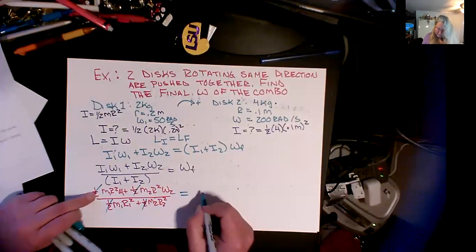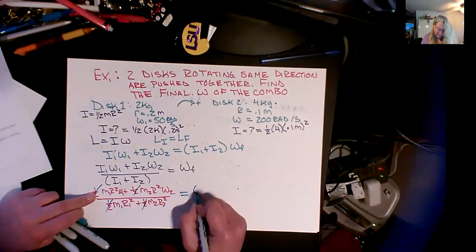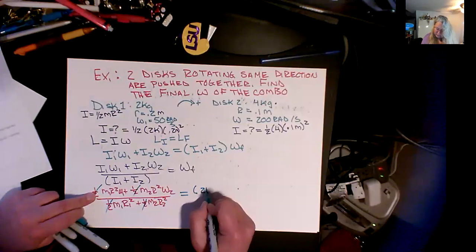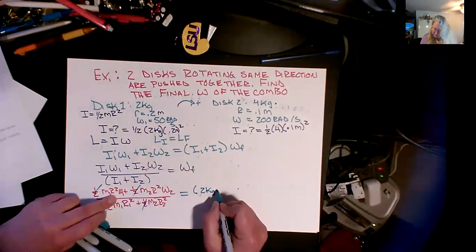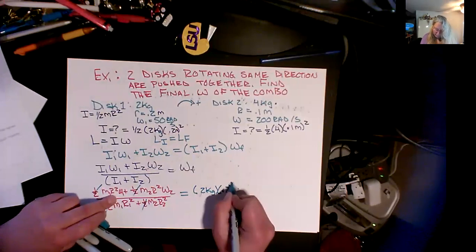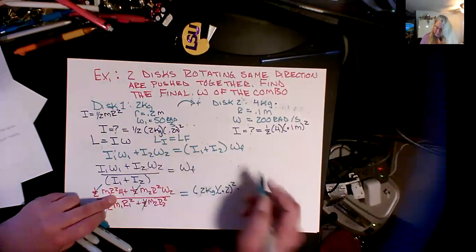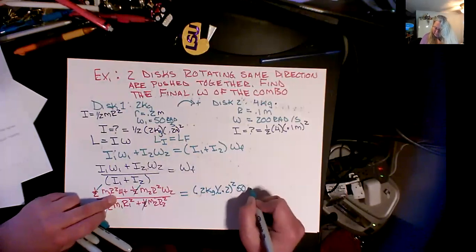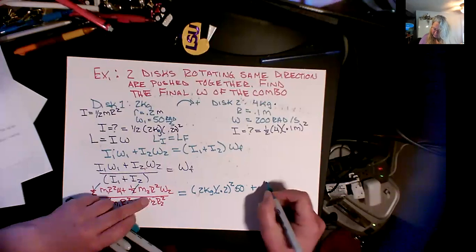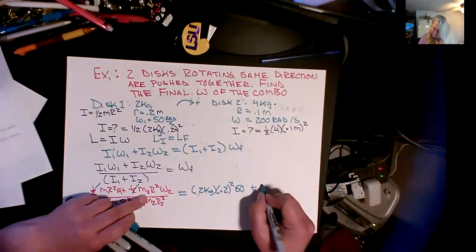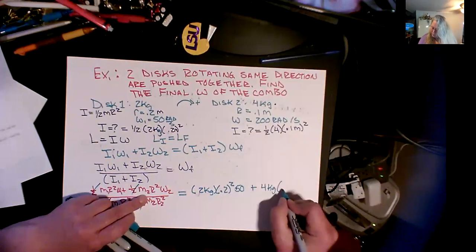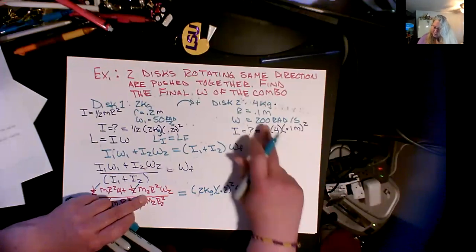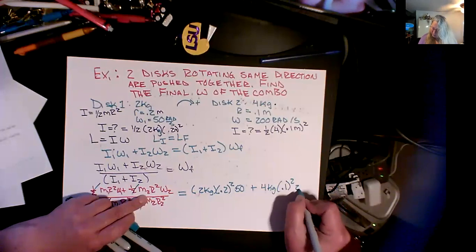So when I put things in my calculator, I can just put in this 2 kilograms times the radius squared, 0.2 squared, times omega 1, which is 50, plus this mass, 4 kilograms, times 0.1 squared, times 200.